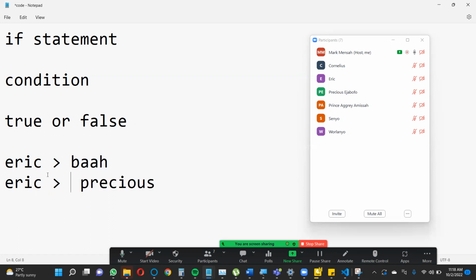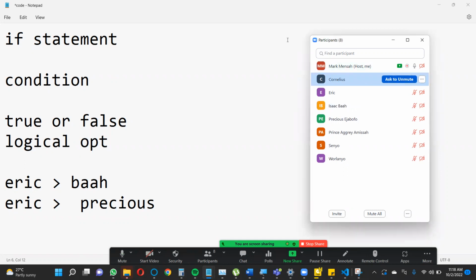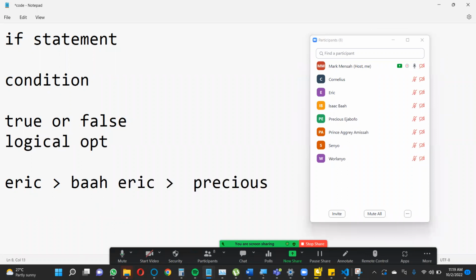Now, if I want to join these 2 things together, it is at that point that I need the logical operator. So it is at that time that I have to say Eric is richer than Ba, and at the same time, Eric is richer than Precious. This is correct English.